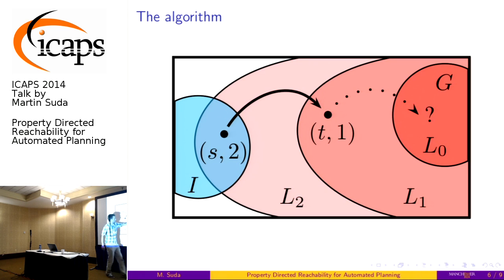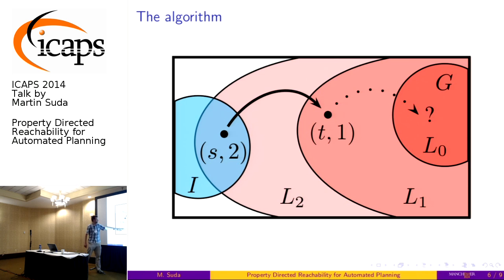Those are those 3 regions, L2, L1, and L0. As you can see, they are ordered by inclusion, and L0 describes precisely what the goal should look like, whereas the other layers are over-approximating the set of states that would reach the goal in k steps.